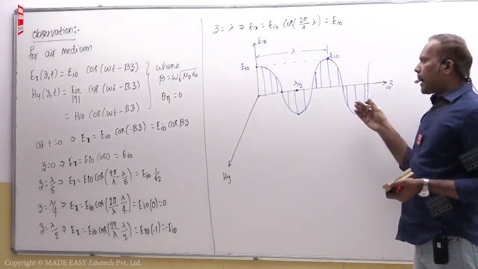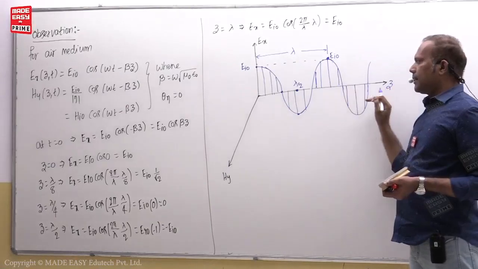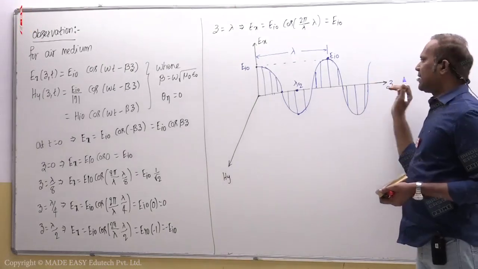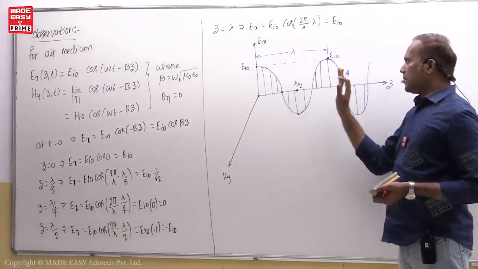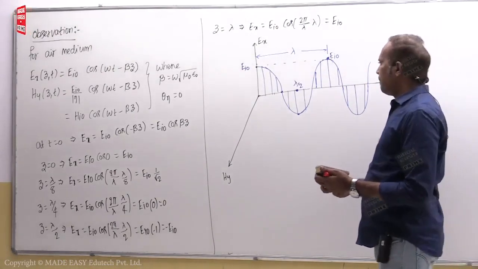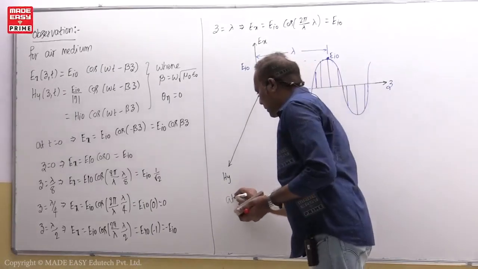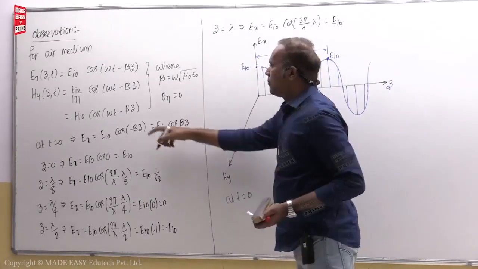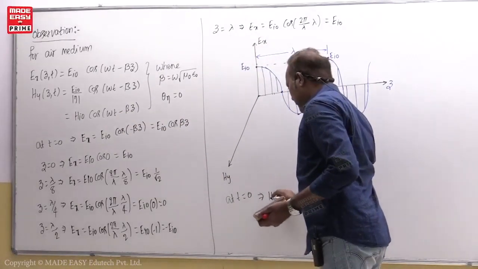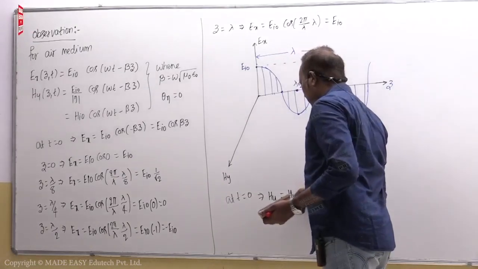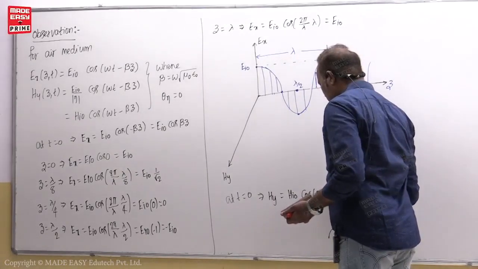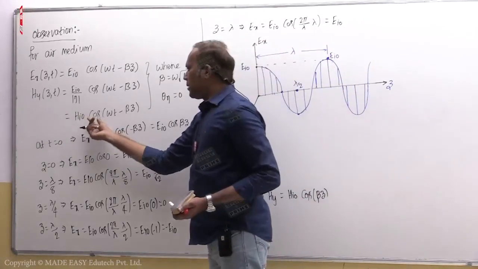Half of that is lambda by 2 and this is lambda. A cos signal you would draw on the time axis, in that case this is T by 2 and this is T, but you are drawing on the distance axis, so this is lambda by 2 and this is lambda. Now at t equal to 0, Hy is equal to HI0 into simply cos of beta z, HI0 into cos beta z.